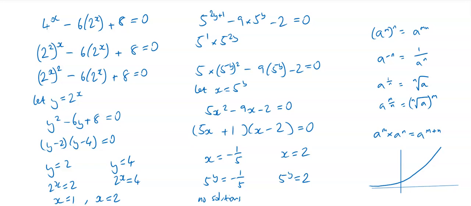So it's never negative. So this one has no solutions. Where we have 5 to the power of y equals 2, if you've already done logs, you'll know that this means that y equals log base 5 of 2. If not, that is something to look forward to for another time. But in short, it's not a nice rational number.